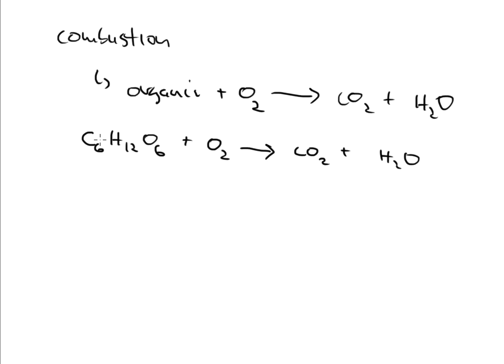All right, so for instance, I can take blood sugar, glucose, I can add the oxygen that I breathe in, my body will combust those two products, and what I pump out of my mouth will be CO2, carbon dioxide, right? I'm breathing out carbon dioxide.